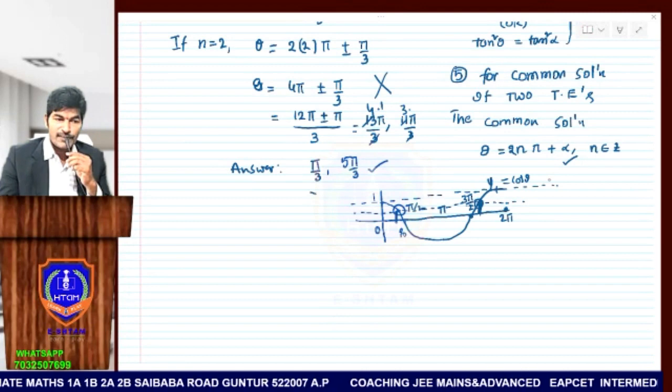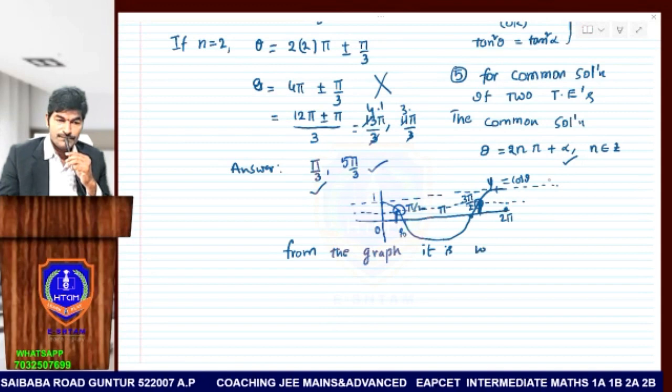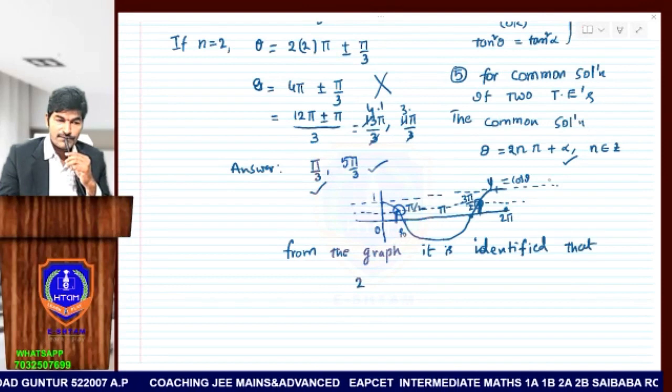First of all, you know the principal value, pi by 3. And from the graph it was identified that two solutions exist.